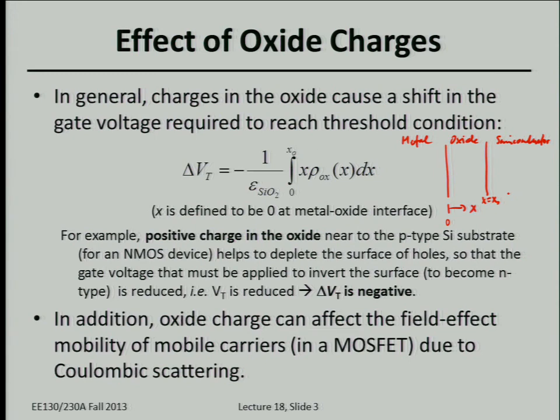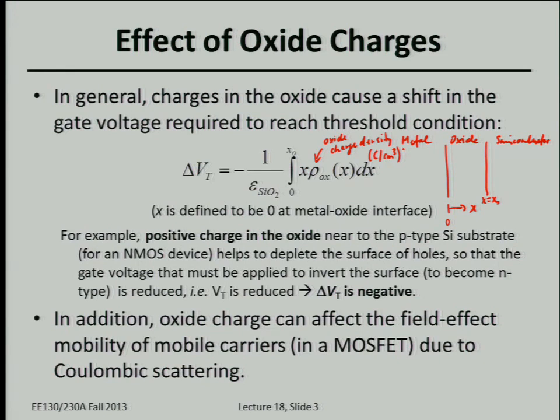So this rho sub ox is the oxide charge density. So it's in coulombs per centimeter cubed of the units. So if you have some positive charge density in the oxide, let's think about an NMOS device.